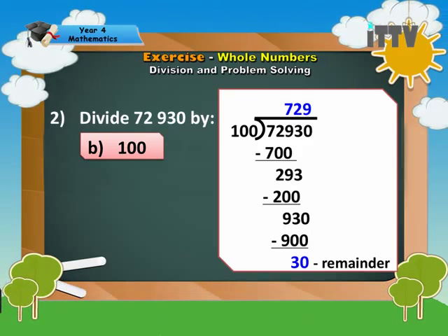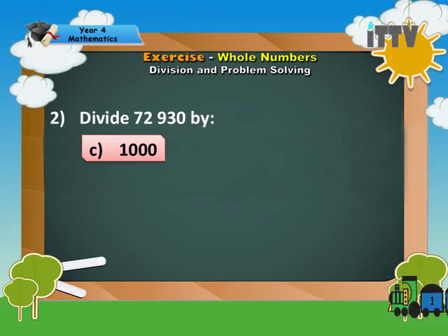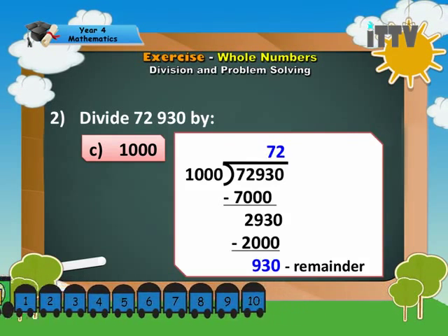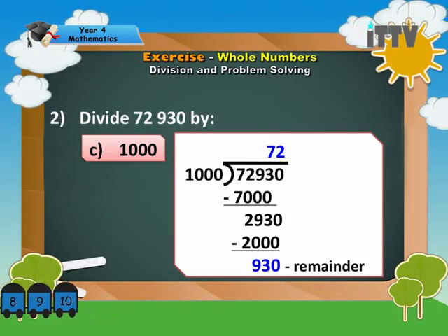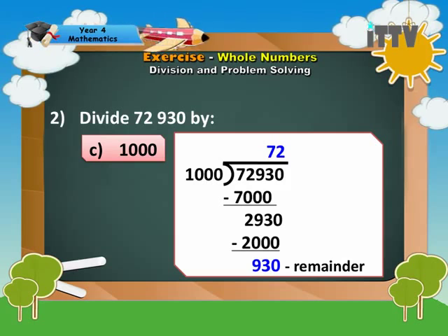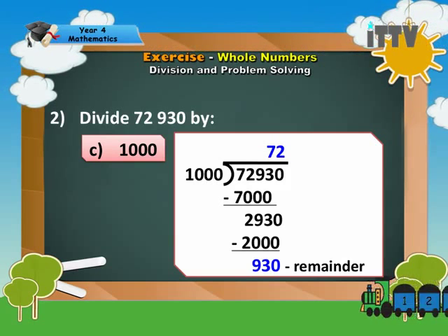Make sure you have divided, multiplied and subtracted correctly. Now, C. 72,930 divided by 1,000. Use the same method again and you should get the answer 72, remainder 930.